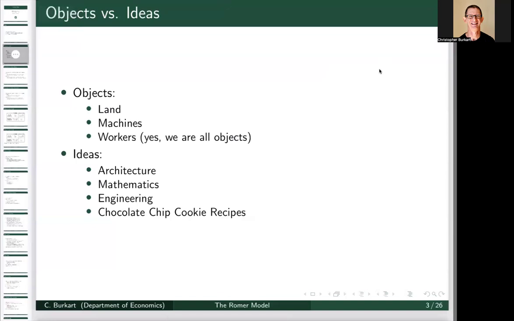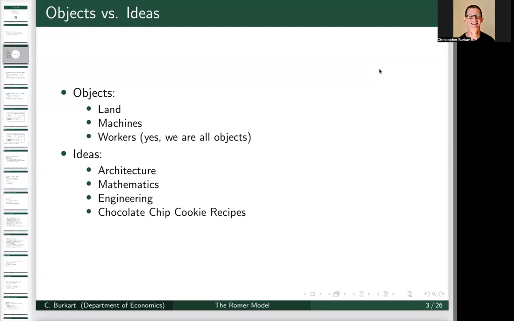Well, the idea here is that markets do a very good job of allocating resources to some of these things. And in fact, two things that we consider objects that I've listed here, like land, labor, capital, machinery, workers, things like that in the physical world, markets do a pretty good job of allocating resources so that we get the efficient amount of these.